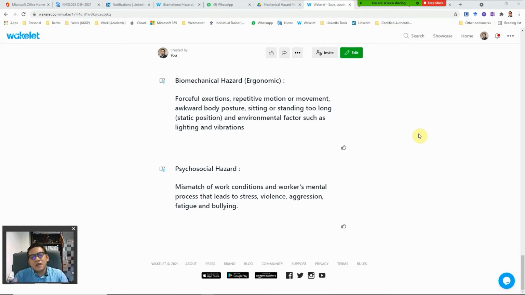You're using extra strength to do a job, repetitive motion like typing with the keyboard for a long period of hours, awkward body posture where you have to twist your body to the left, to the right, or to bend for a significant time that can cause your back to hurt, sitting or standing too long, okay, or other environmental factors that can affect our ability or comfort in doing the job, such as the lighting, the vibrations. These are considered as mechanical hazards.